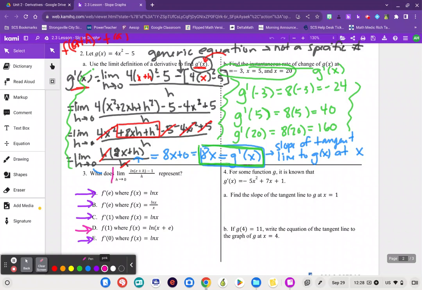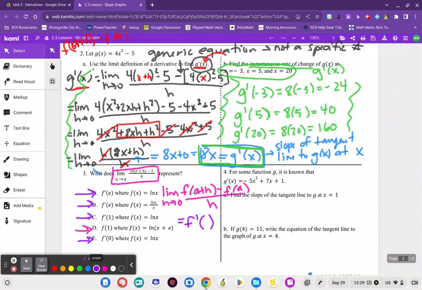This limit definition looks an awful lot like the limit as h approaches 0 of f of a plus h minus f of a, all over h. That's what it looks like to me. And we said that this is going to be equal to f prime.